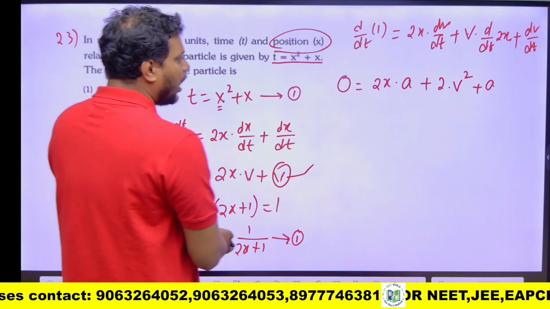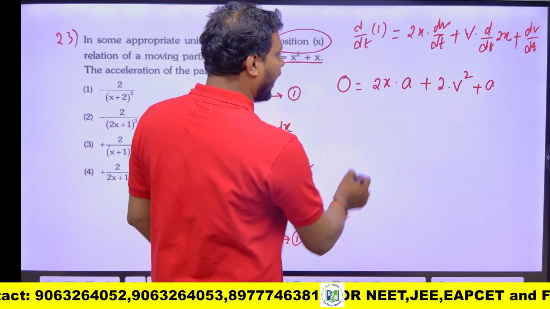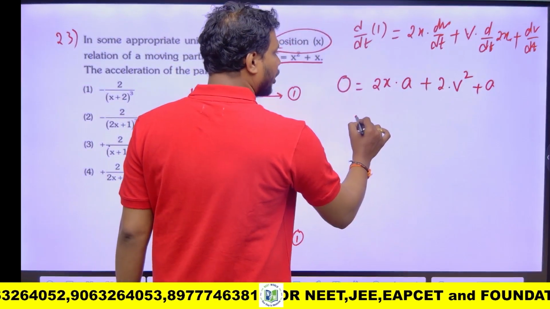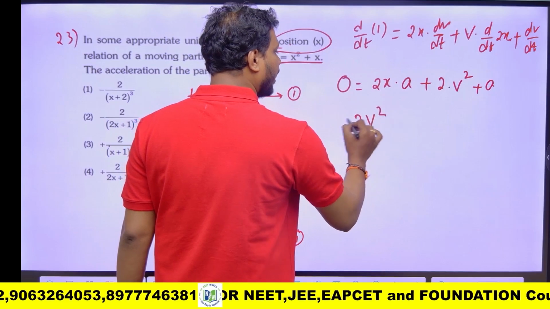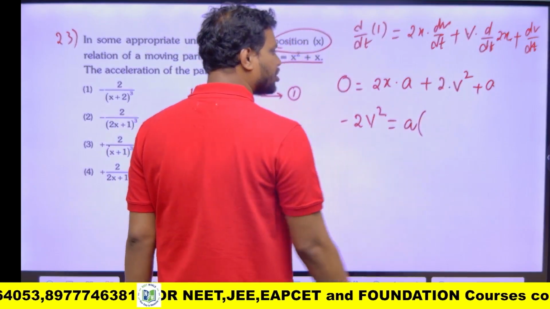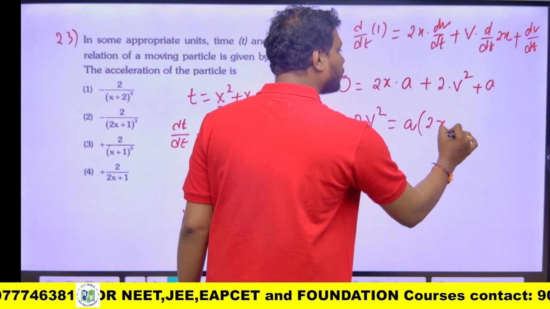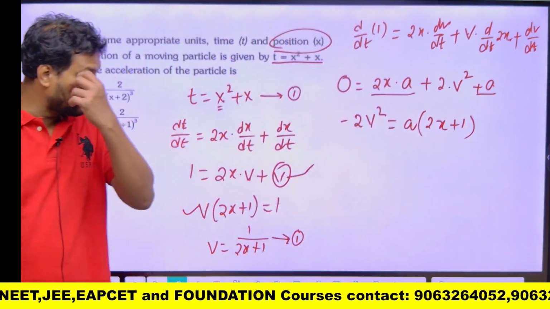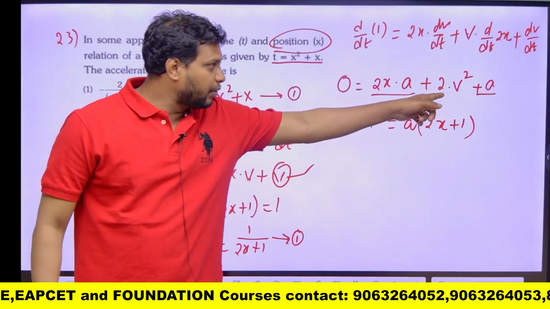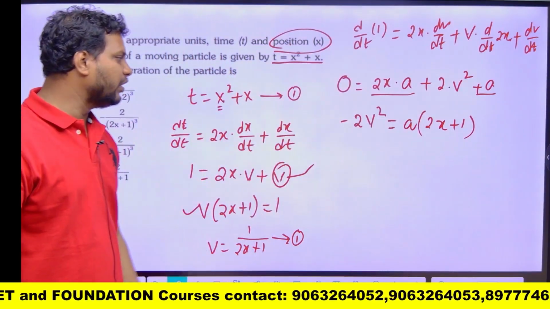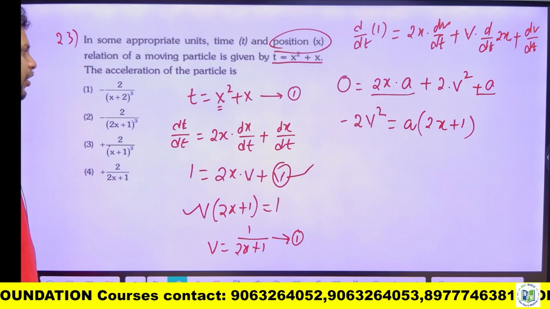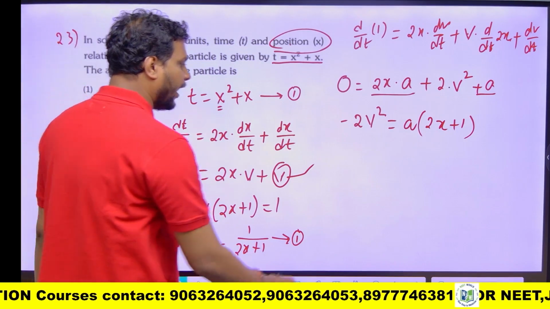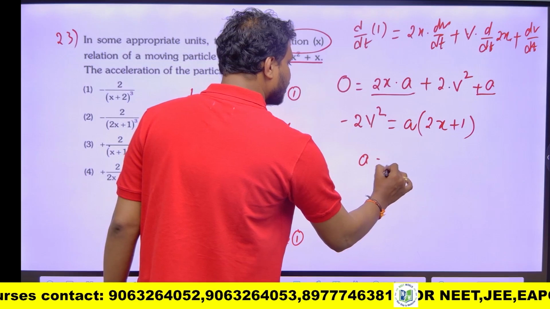Now I'll take acceleration as common. From these two terms, I take acceleration as common, that is 2x plus 1, and bring 2v square to the left-hand side as minus 2v square. Finally we have to find the value of acceleration a.